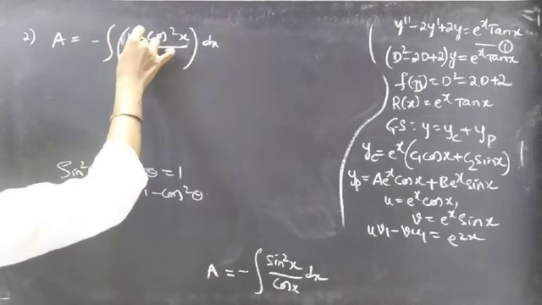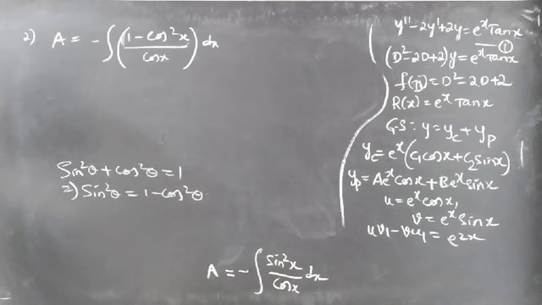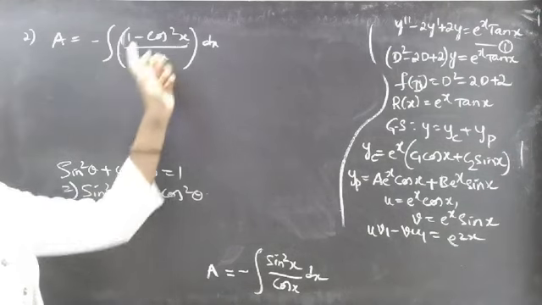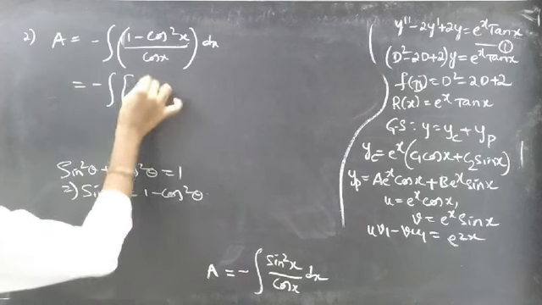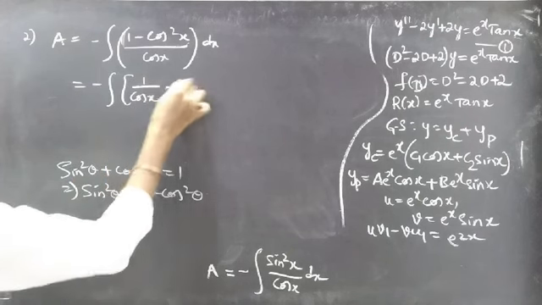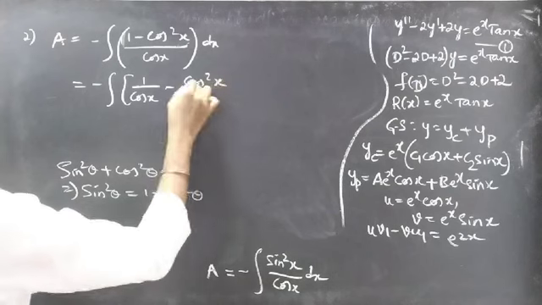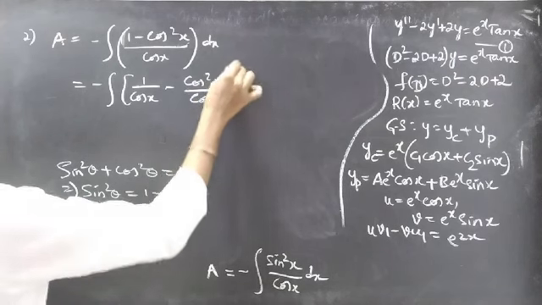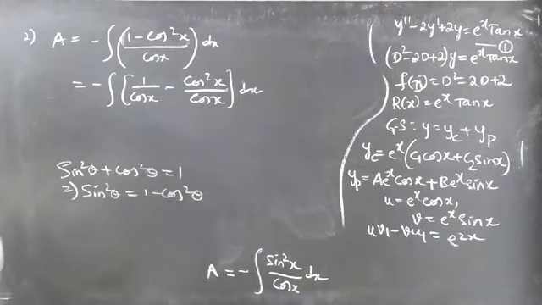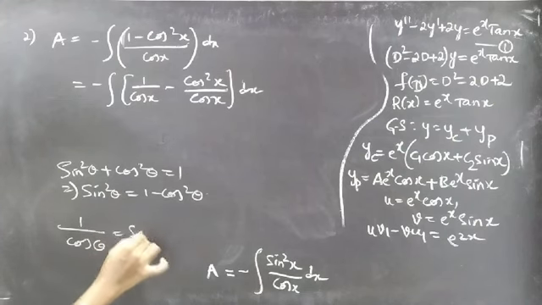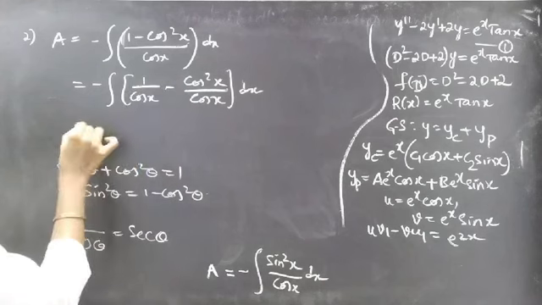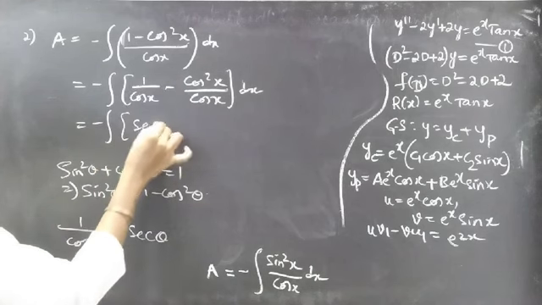So in the numerator we are having two terms and in the denominator we are having one term. So we'll split this whole expression into two terms. This is equal to minus integral of 1 by cos x minus cos square x by cos x into dx. Right? Since reciprocal of cos theta is secant theta, so we'll replace reciprocal of cos x with secant x.